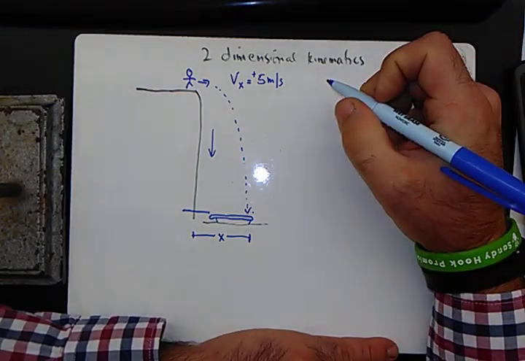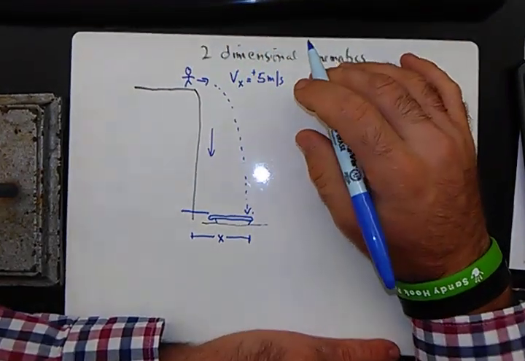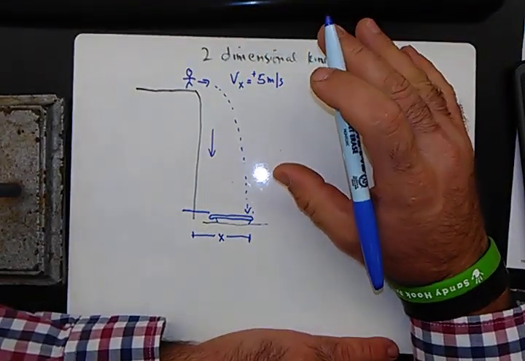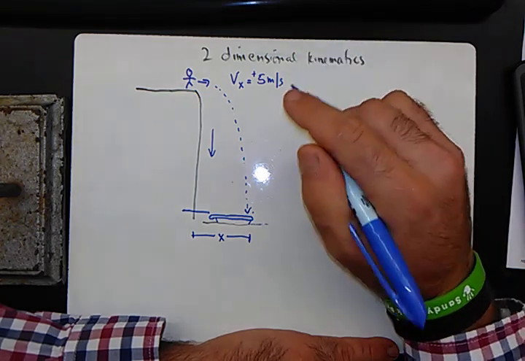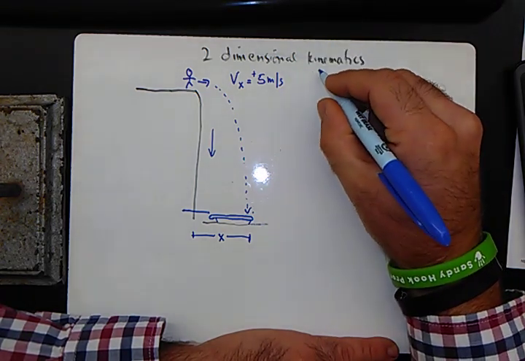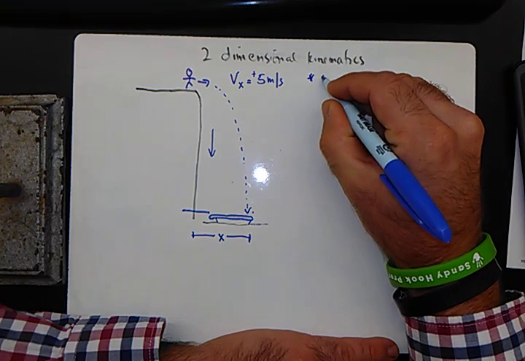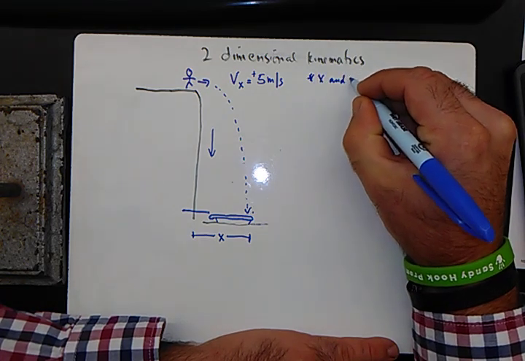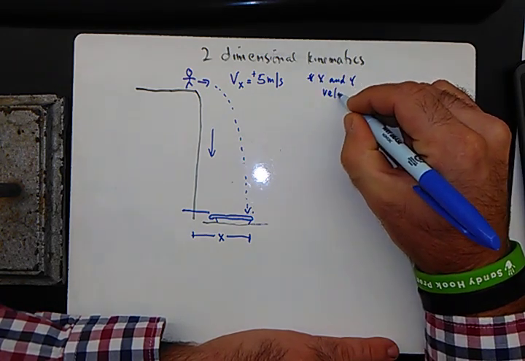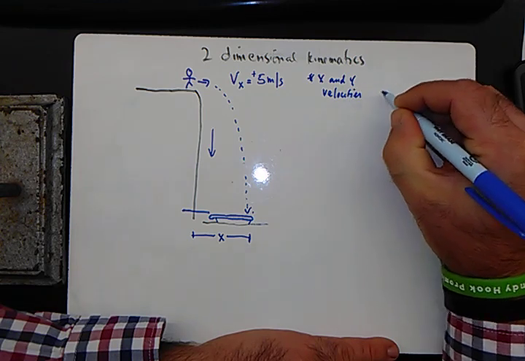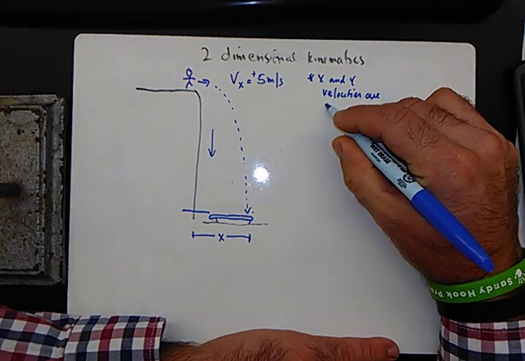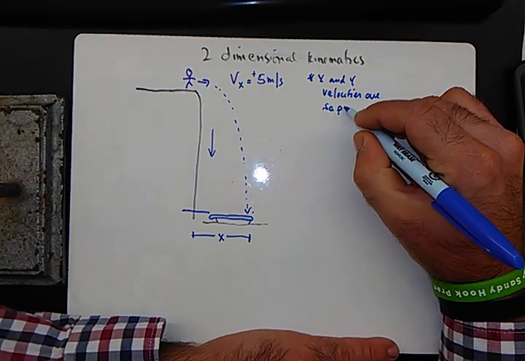Now one thing to consider is that the x and y velocities are separate entities.